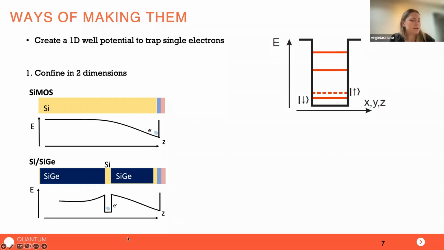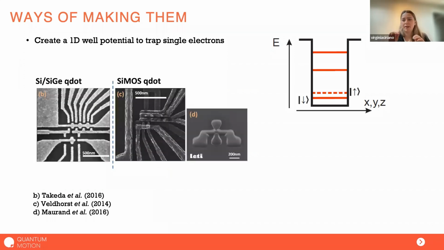And now to make it zero-dimensional, you make gates on top of this crepe or omelette of electrons, and that's how you make zero-dimensional potential wells, which are called quantum dots.